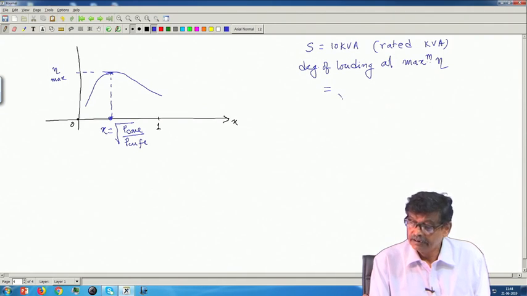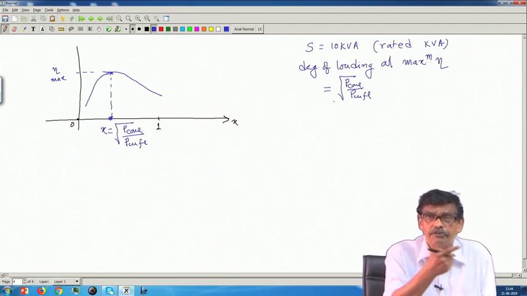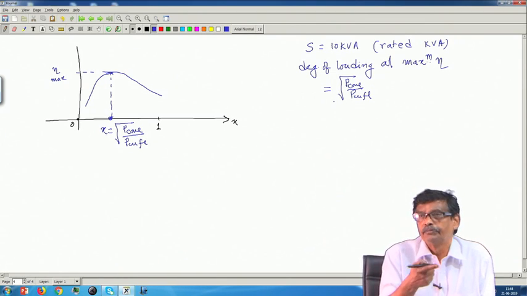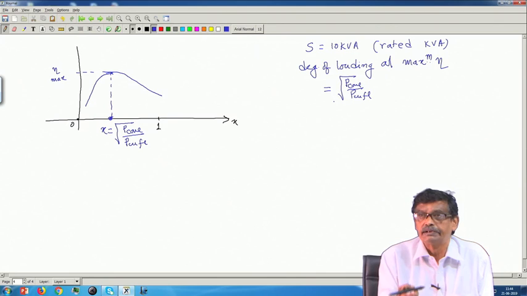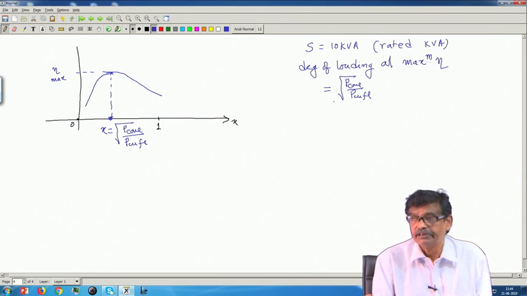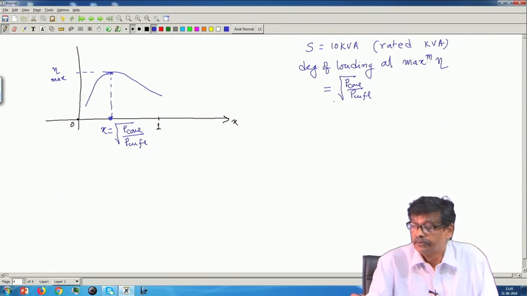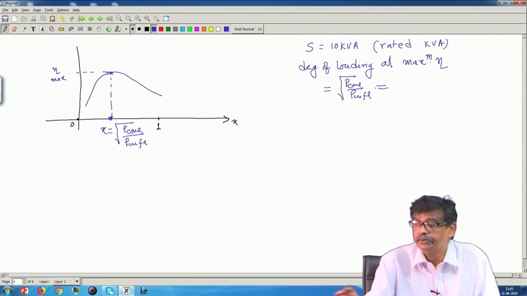How do you calculate? You calculate from this P core by PCU full load. Do I know P core? Yes, from the open circuit test. Do I know PCU full load? Yes, from the short circuit test, wattmeter reading. Take the ratios, these are only two numbers with same dimension, take under root, and it will return you a number.